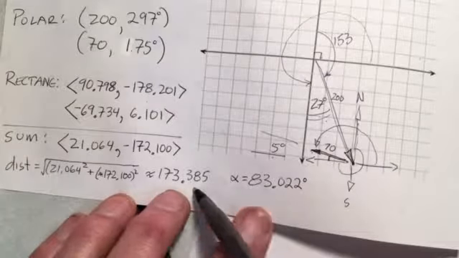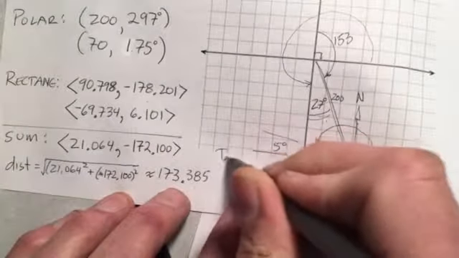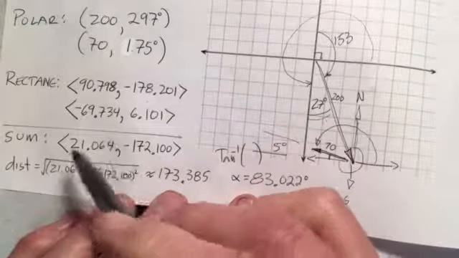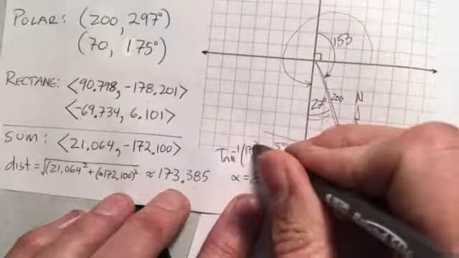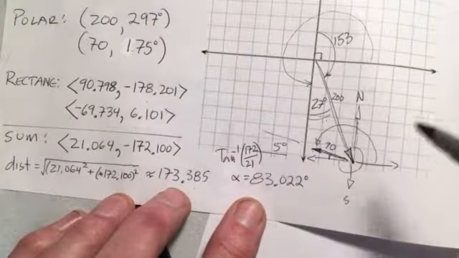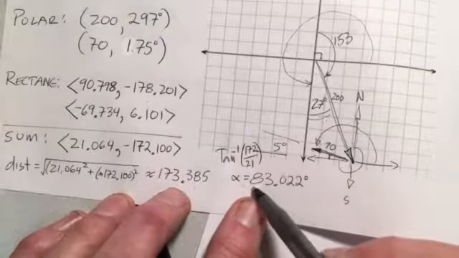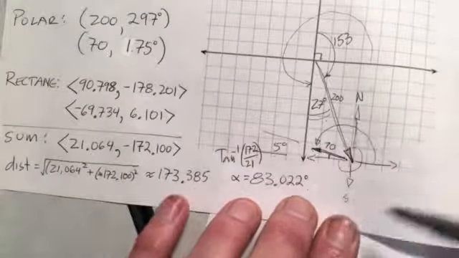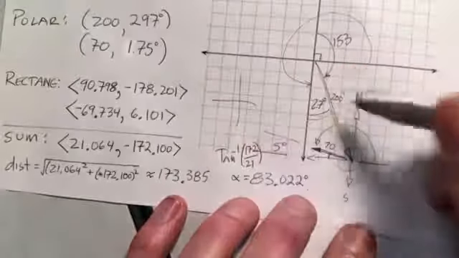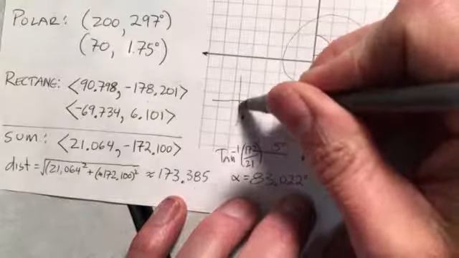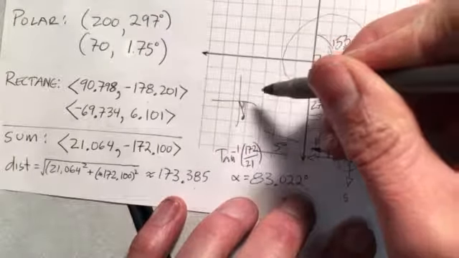When I do that tan to the minus 1 of my y value, 172, over my x value, 21, I'm going to drop off the decimals to save time. I'm going to get the angle 83 degrees. Well, maybe a little sidebar sketch. If I've gone down and over and I'm right here, the angle I'm making is this angle right there.